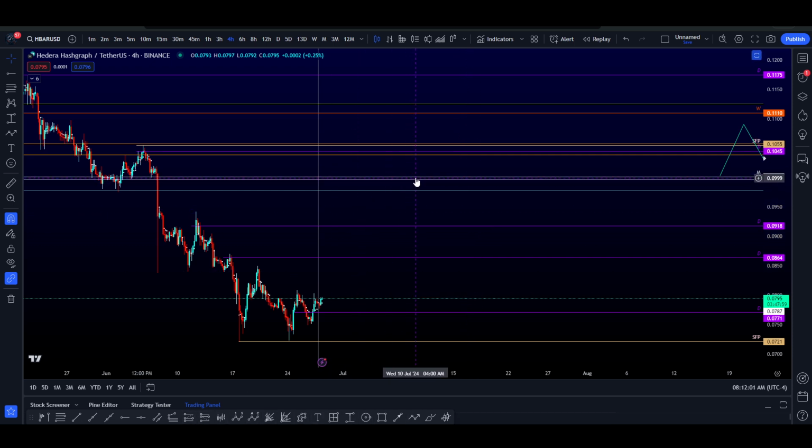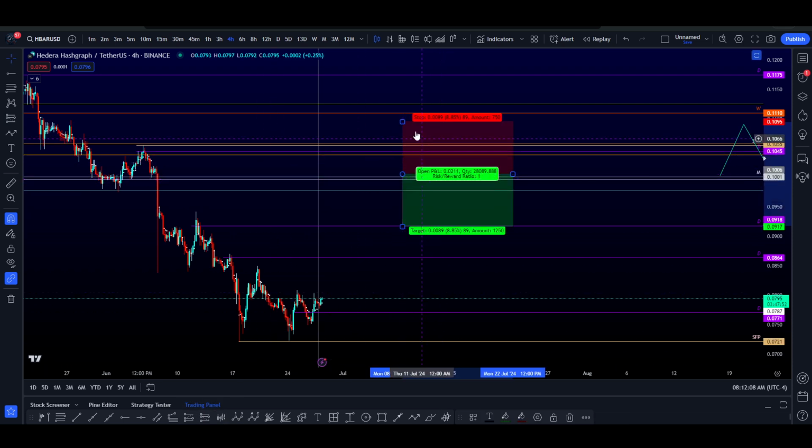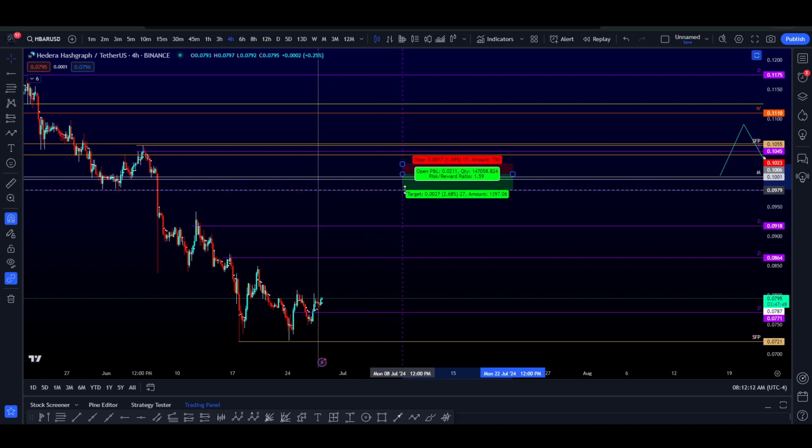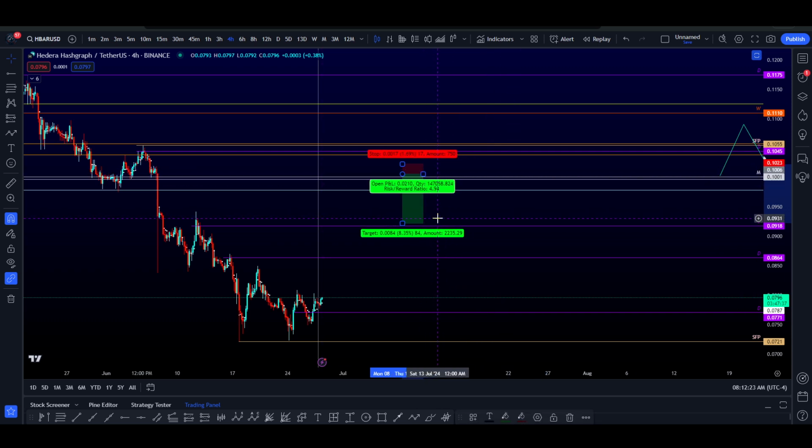So as soon as this monthly level is tapped, I would look for a scalp short. Taking it down to, it could be, yeah, scalp 2%, that's not bad. 1.5 risk reward. Take it down to at least this daily level. So that's the better trade right here.